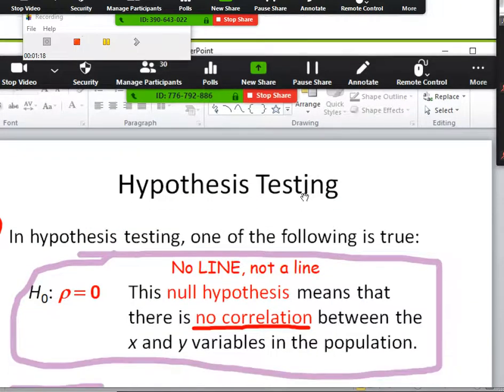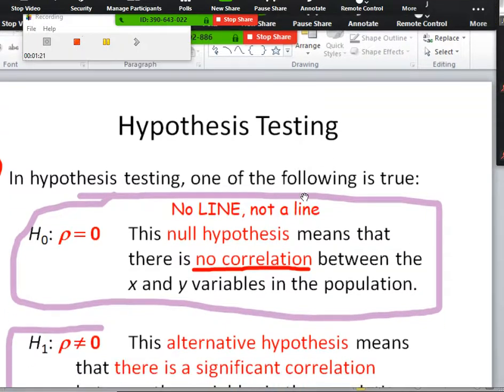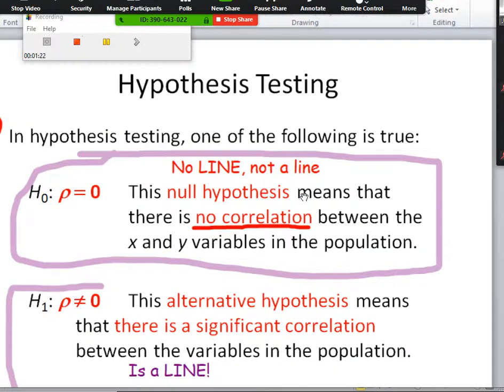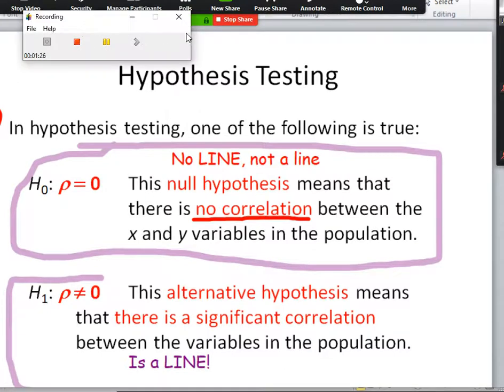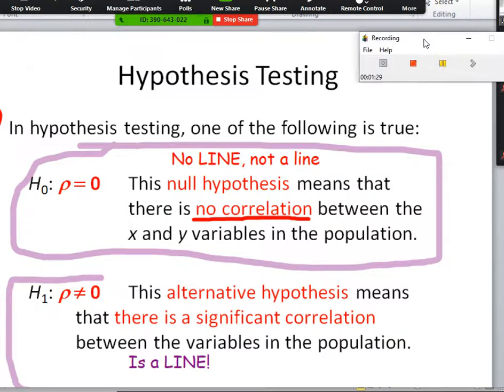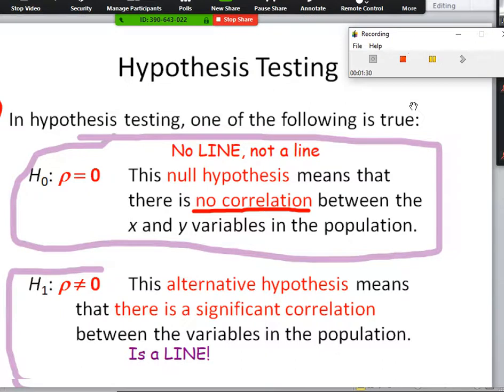Professor Young? Yeah. Go ahead. That question was asked when you taught us the calculator trick, and you said that H1 is always going to equal not equal. I think it is, definitely for chapter 10.